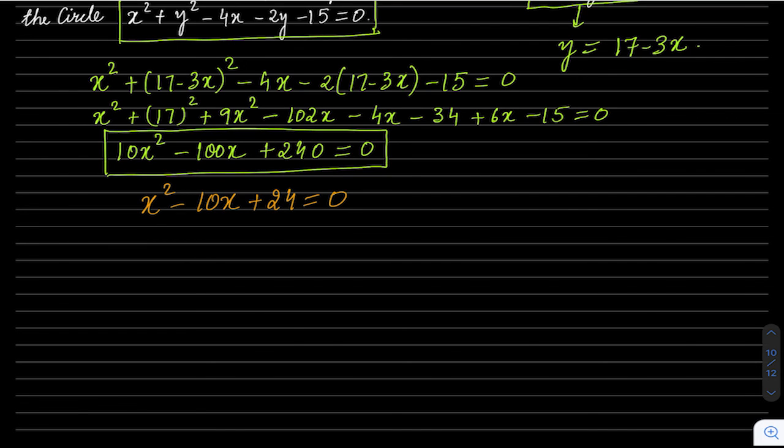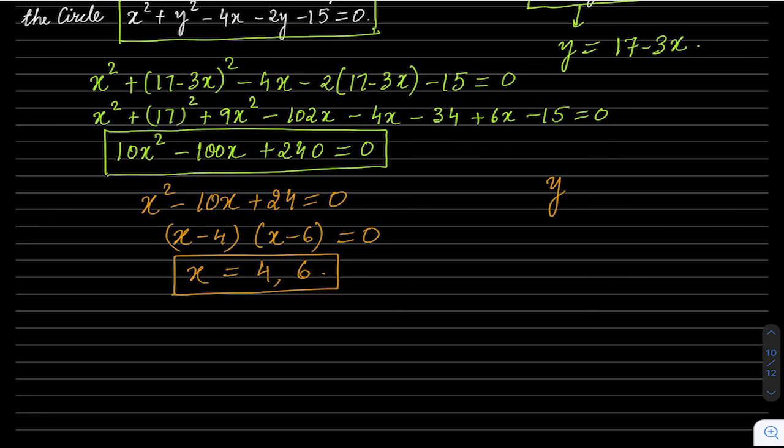If it's possible to make factors, we will quickly make factors, or we will apply the discriminant formula. For 10 and 24, it's possible to make the factors 4 and 6. So x comes out to be 4 and 6. We are getting two values of x.